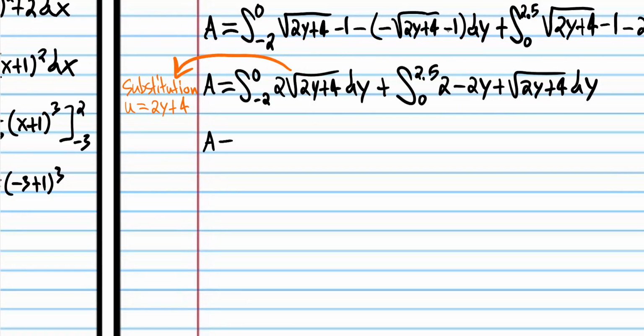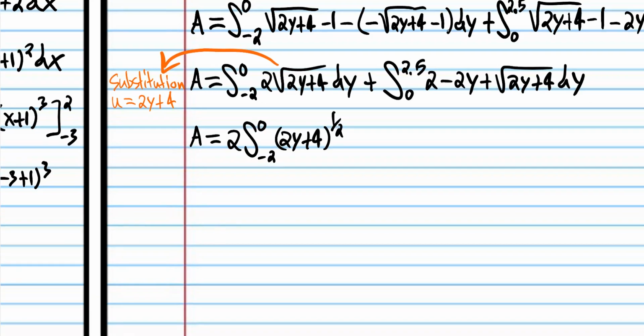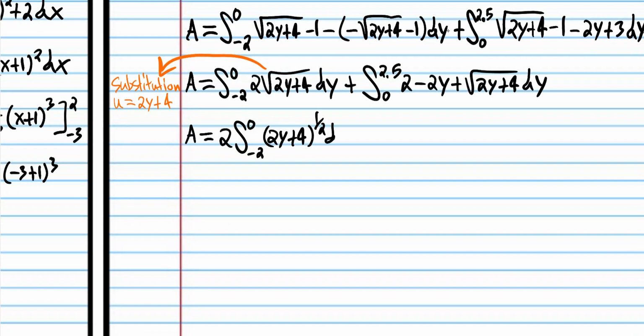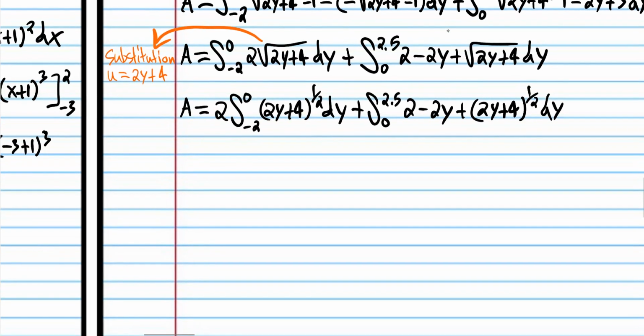But let's change the form of this a little bit. So I'm going to take the 2 out. I just prefer to do that. And I'm going to change root 2y plus 4 as 2y plus 4 to the 1/2 power. And same thing over here. You don't have to show this step. You can go faster through this. You don't have to wait for me if you know what you're doing.